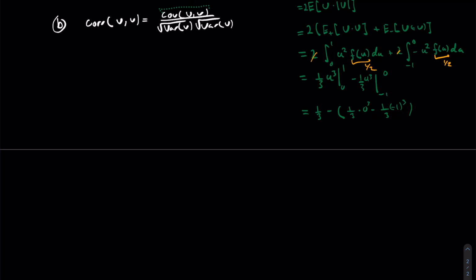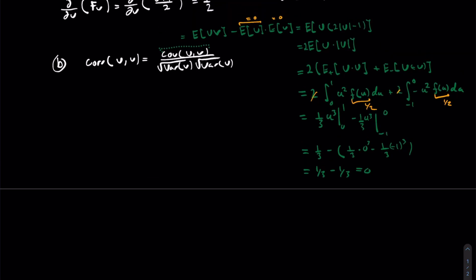So we end up with 1/3 minus 1/3, which is just 0. It means that the covariance is 0, so the whole correlation is now 0.